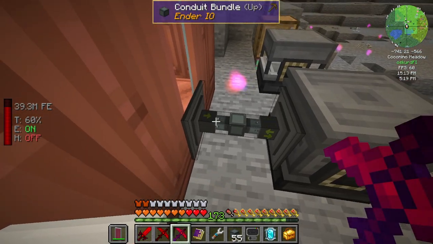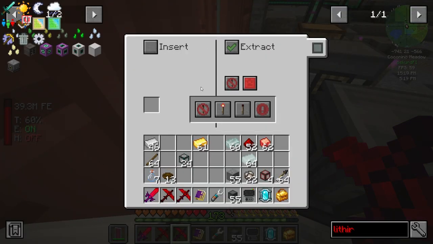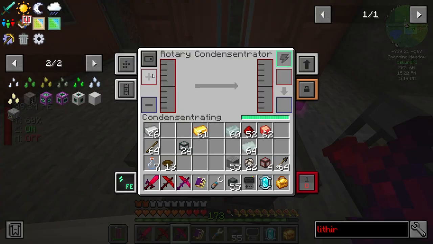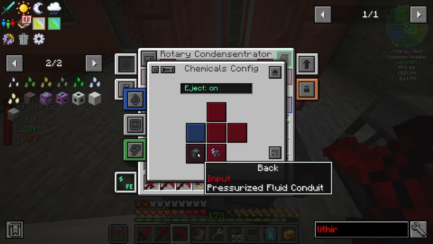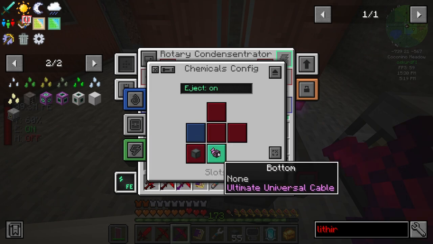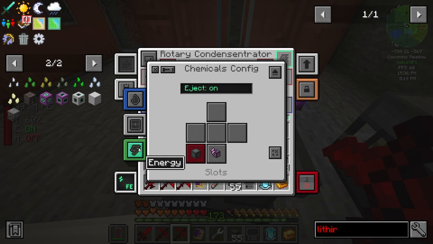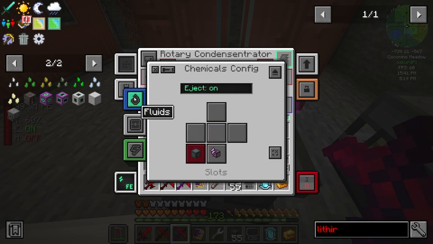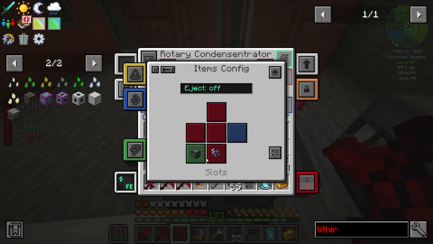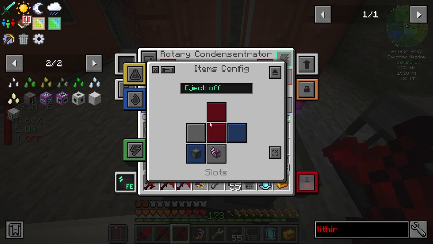You insert, you don't extract, you extract always, and then fluid is coming in, and that's the only fluid we have, and then energy is coming from there, and then items are going out from somewhere.